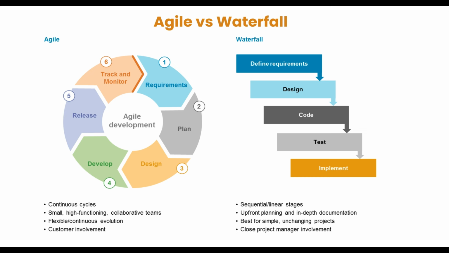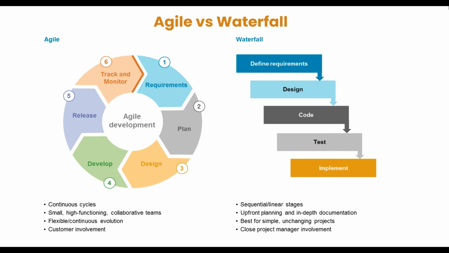Development will start, and when the iteration gets over, we show the demo to the customer, and once the customer is fine, that will be released also. After release, we take the feedback from customer stakeholders, and then we plan with the customer when to accommodate that feedback, and then this cycle will start again.